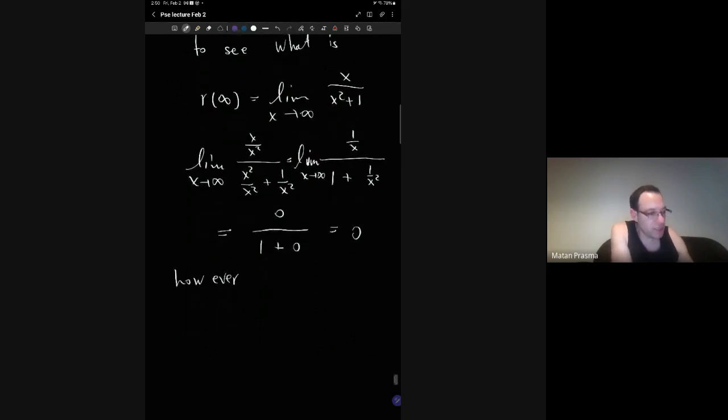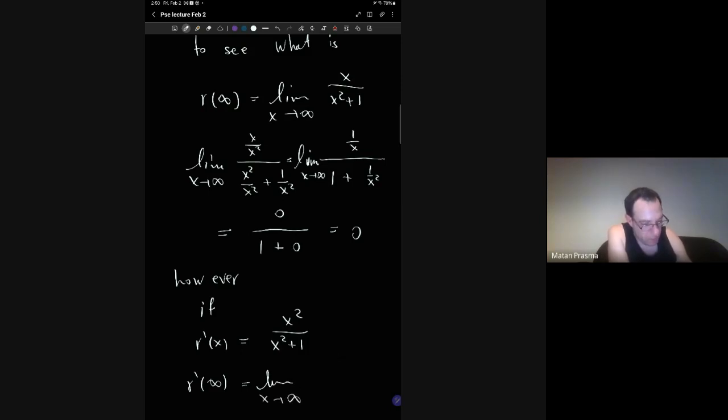However, if I want to do the same thing for, let's say, R prime equals x squared divided by x squared plus 1, then R prime at infinity would be, again, the limit as x tends to infinity of x squared divided by x squared plus 1.